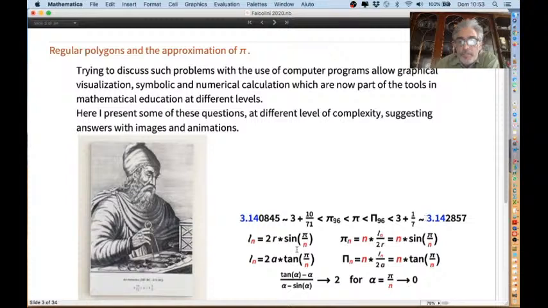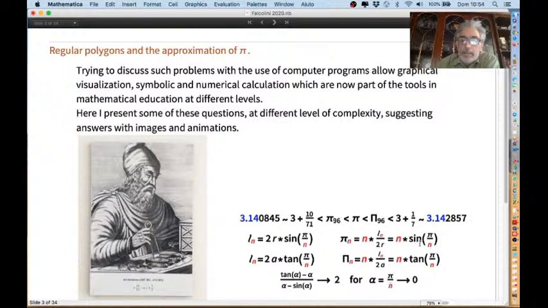If we use the formulas for the length of the side of the inscribed or circumscribed polygon with n sides, that I will discuss in a moment, we can see that the 2 approximations are related to the sine or the tangent. So the difference in these 2 approximations can be evaluated by taking alpha equal to pi over n.